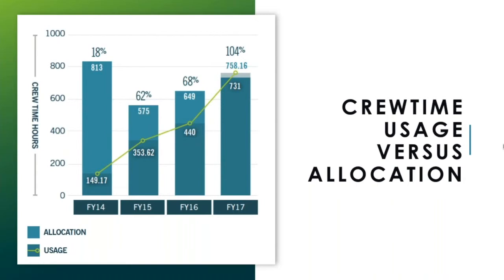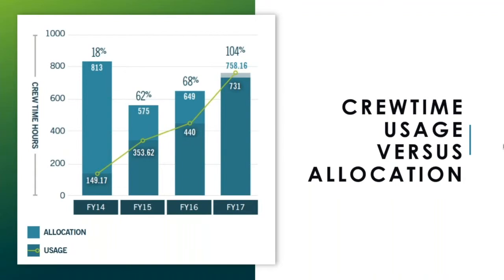What this chart suggests is fiscal 14, we don't want to talk about it. Fiscal 15, 16, 17, it took off, and we've seen a nice progression, not only in the crew time that we've utilized against allocation, but I think it's a terrific and positive indication that the allocation itself has continued to increase. And we're in the midst of an increment right now where NASA has provided us with a 4th crew member.